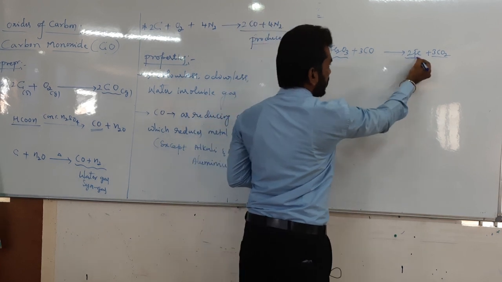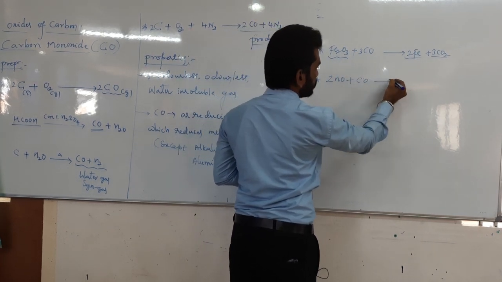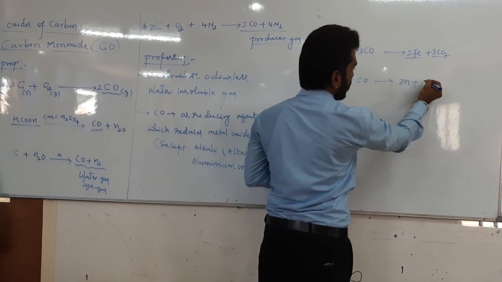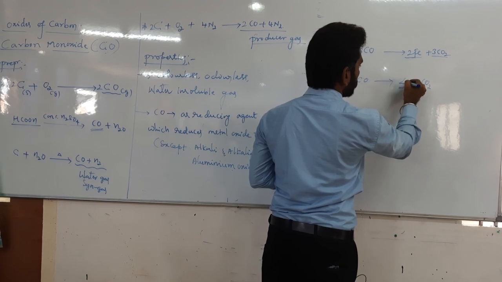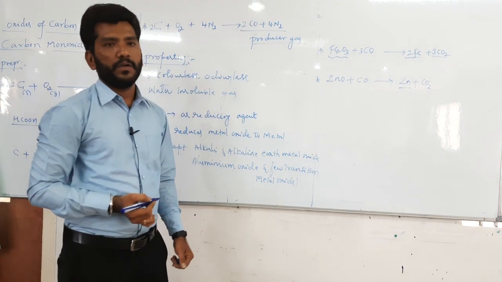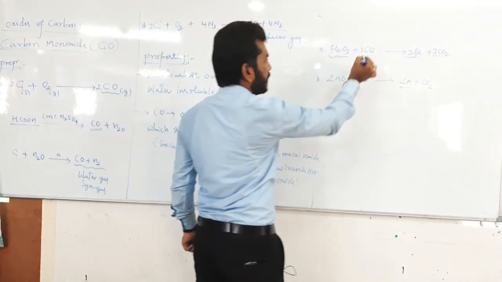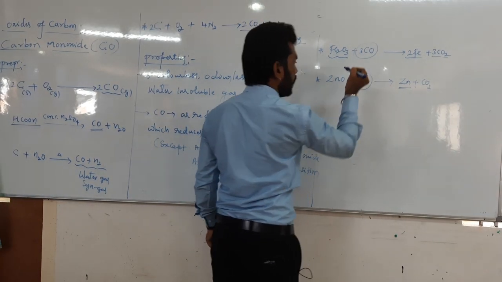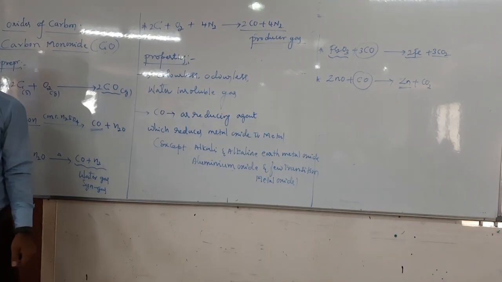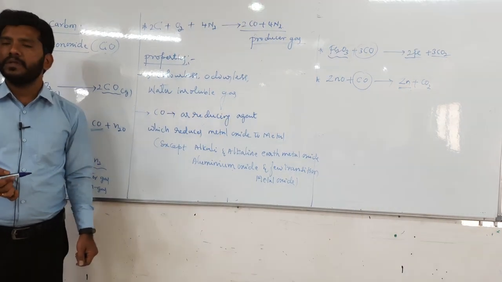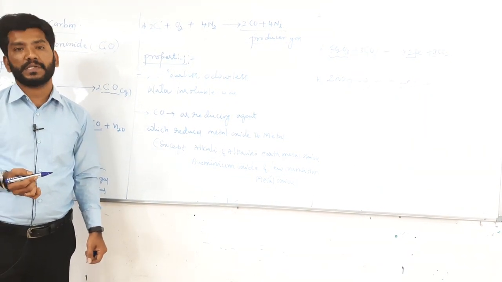Metal oxide to metal has been formed, and likewise zinc oxide gives zinc as well as carbon dioxide. So metal oxide to metal. The role of carbon monoxide is being a reducing agent, which reduces the corresponding metal oxide to metal during the extraction of metal from suitable metal oxides.